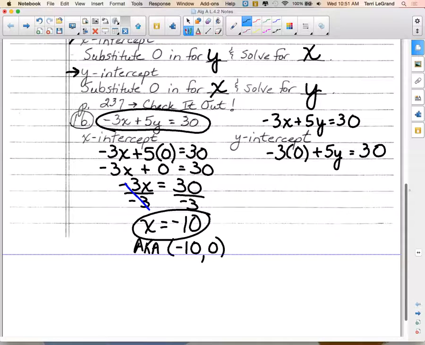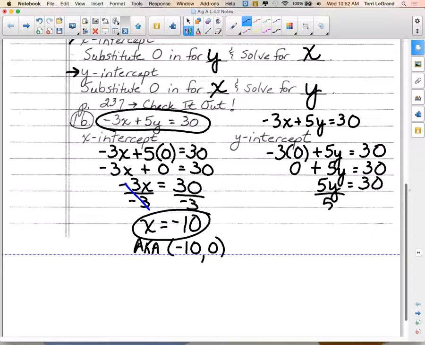Negative 3 times 0 is 0. 0 plus 5y is 5y. Last step.